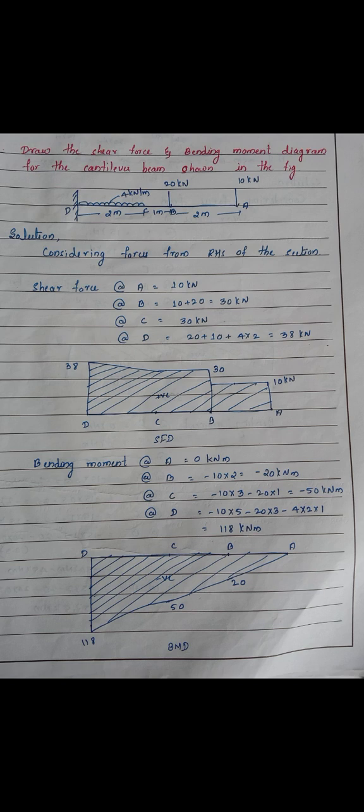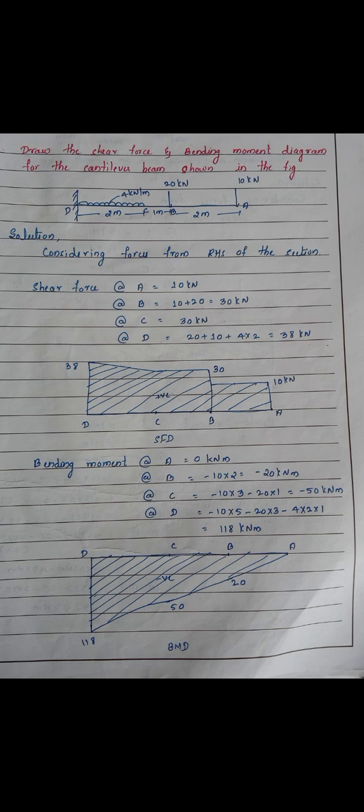That UDL we need to convert into a point load, and that point load will act at the CG of DC, that is, it will act 1 meter from D. Here we are only considering the load for the shear force calculation. That's why shear force at D will be 20 plus 10 plus the UDL converted into a point load.